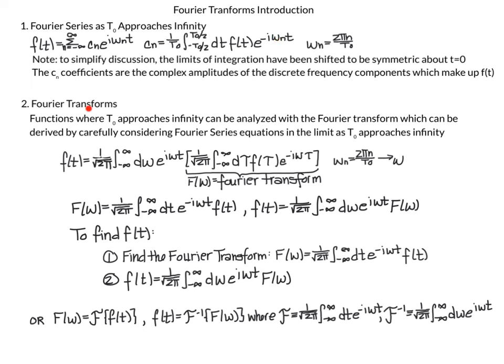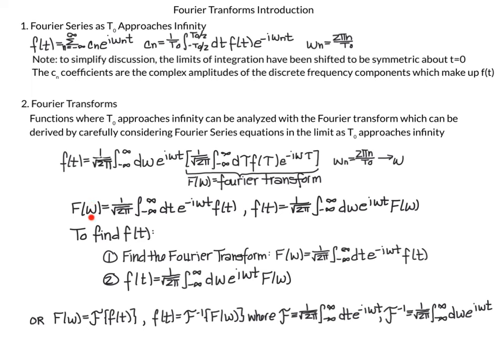The next thing we did is we defined the Fourier transform, and we applied it to functions that were not periodic. We got these equations by looking at the Fourier series and letting T naught, the period, approach infinity. Now we can represent a function f of t with this formula here, which inside the formula has a Fourier transform, which takes a function whose variable is t, so the domain is time, and gives you a function whose variable is omega.